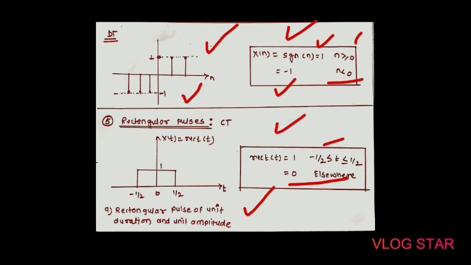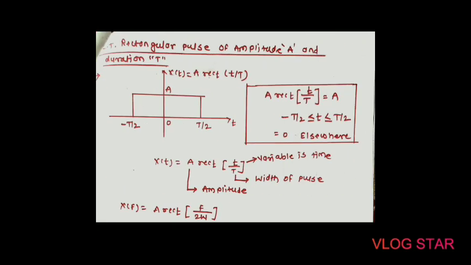The second case is the continuous time rectangular pulse of amplitude A and duration T. This general type of rectangular pulse has an amplitude of A over a time duration T, and looks like this as shown in this figure.